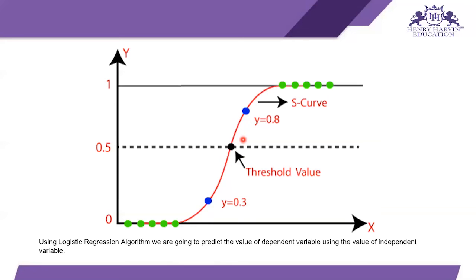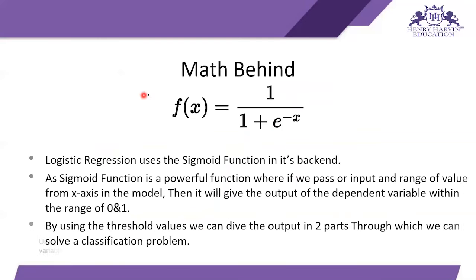Logistic regression uses the sigmoid function in its backend, and the math behind it is the formula of the sigmoid function. The sigmoid function is powerful because if we give it any range of values from the x-axis as input, it will give the output of the dependent variable within the range of 0 and 1.